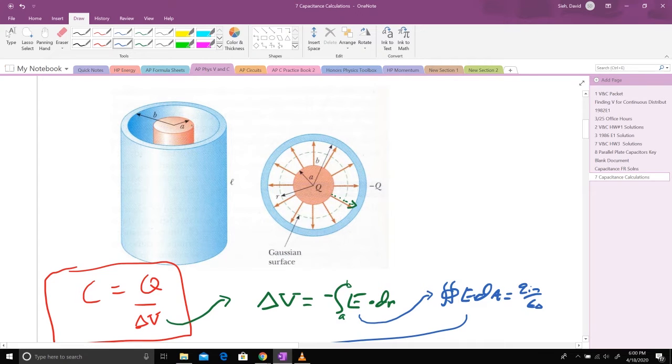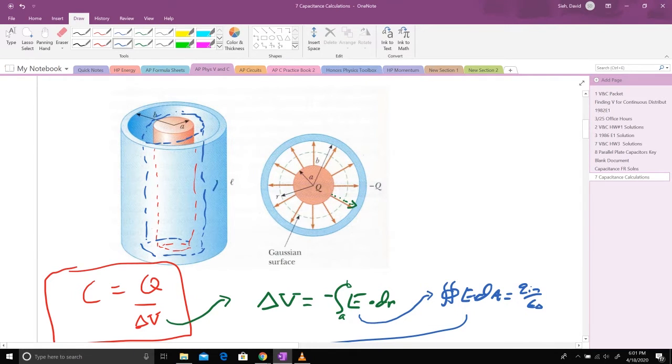We're going to do a Gaussian surface that goes around this and then goes on down here and closes on itself around that inner cylinder. That inner cylinder is going to continue on down here. And so I can see my Gaussian surface here.